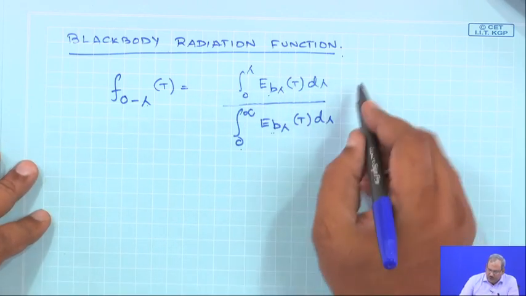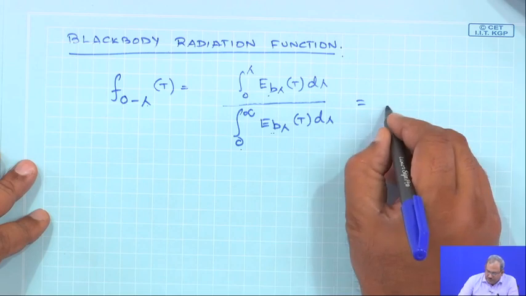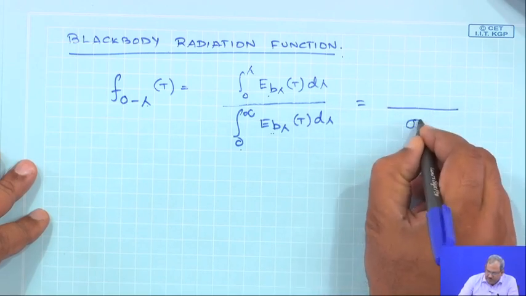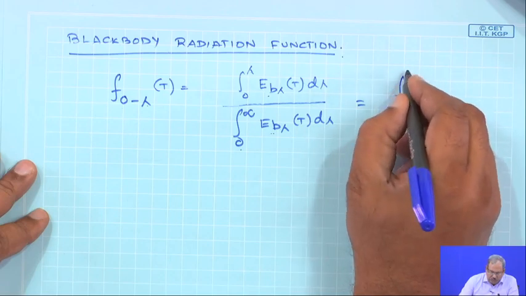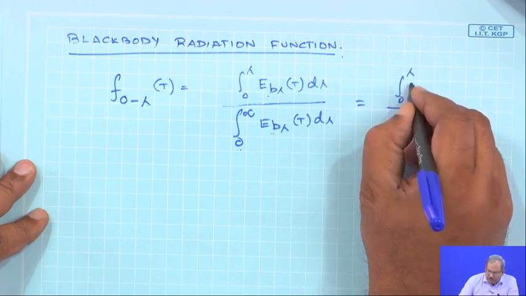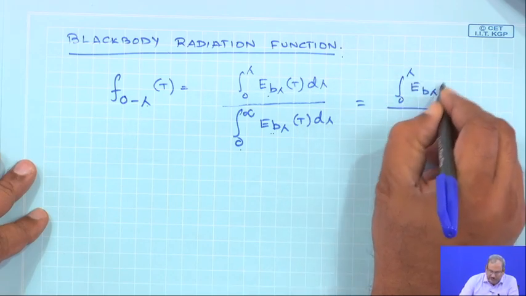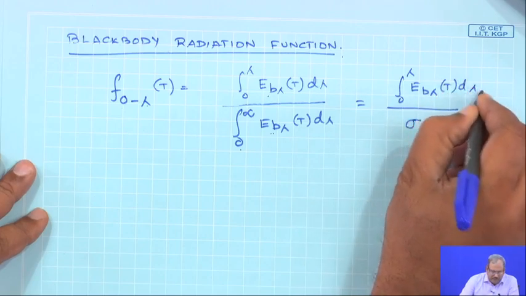So, from Stefan-Boltzmann's law, we know that the denominator is simply going to be sigma T to the power 4, and the numerator would be the integral of E b lambda T times d lambda.